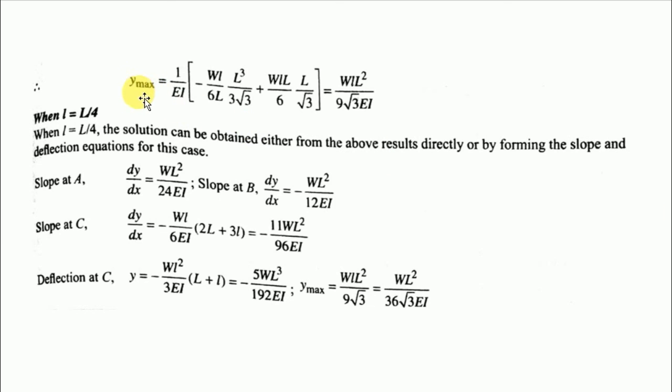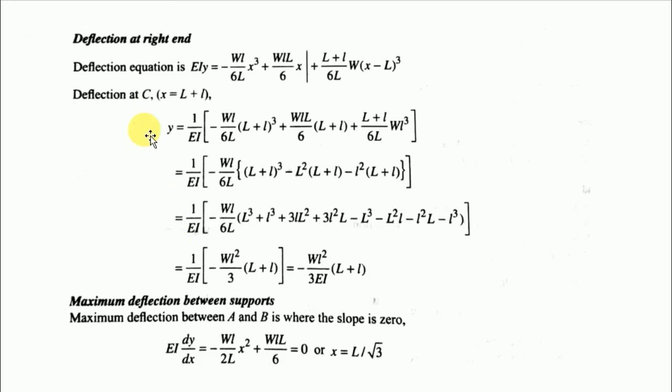Then the maximum deflection is calculated by putting this x value into the deflection equation, which is this. By putting x equal to capital L by under root 3 into this equation, we can find the maximum deflection, which is located at this distance from the support.